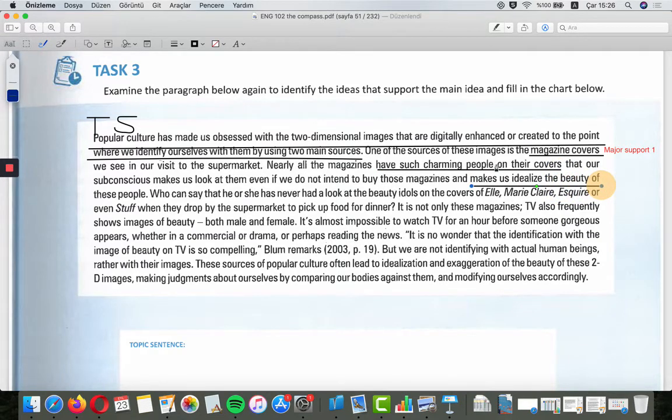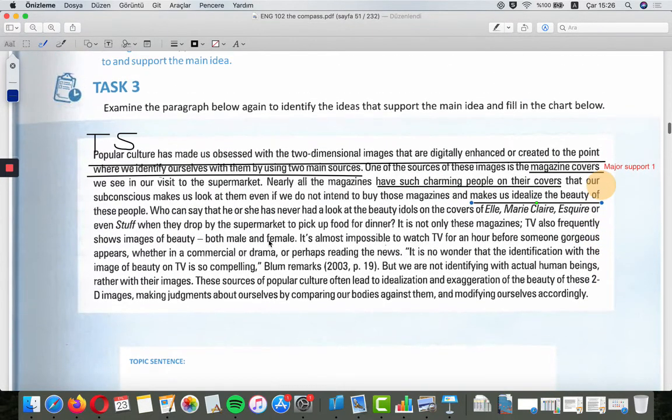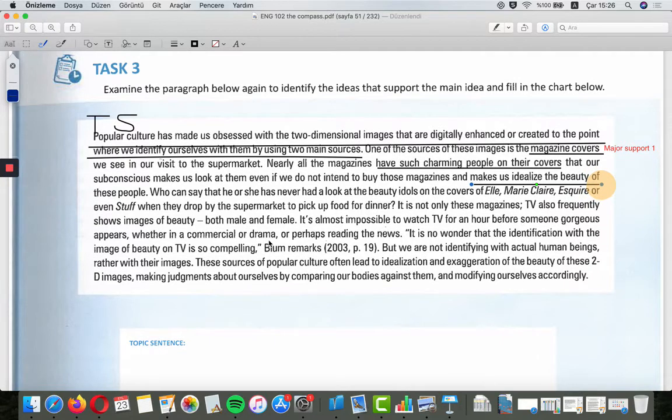So these parts that I underlined are minor supports, okay? Smaller ideas that support my topic sentence here. So these magazines, these pictures make us idealize the beauty of these people.